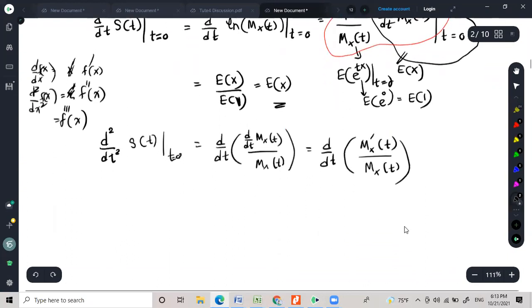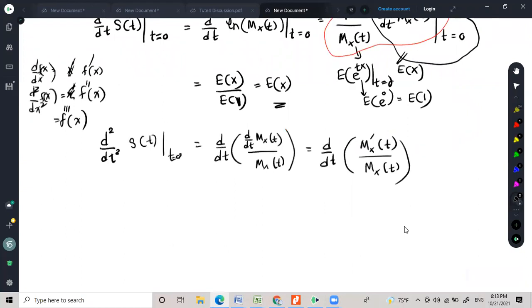Now let's take the derivative. You have a quotient, with a numerator and a denominator, so you have to apply the quotient rule. Can you remember the quotient rule? You take the one at the bottom times the first derivative of the one at the top, minus the one at the top times the first derivative of the one at the bottom, divided by the denominator squared. So let's write it down.